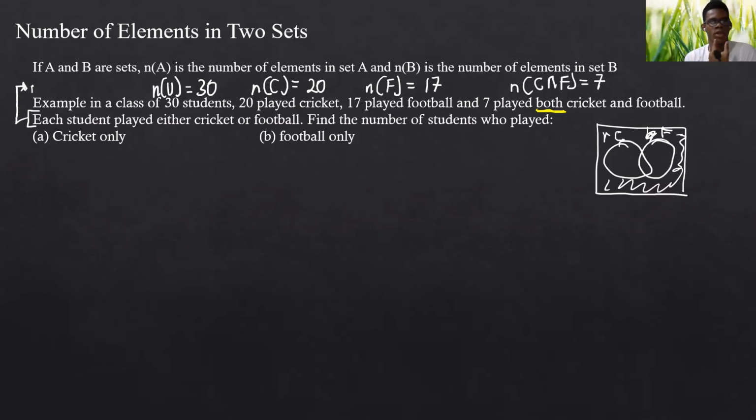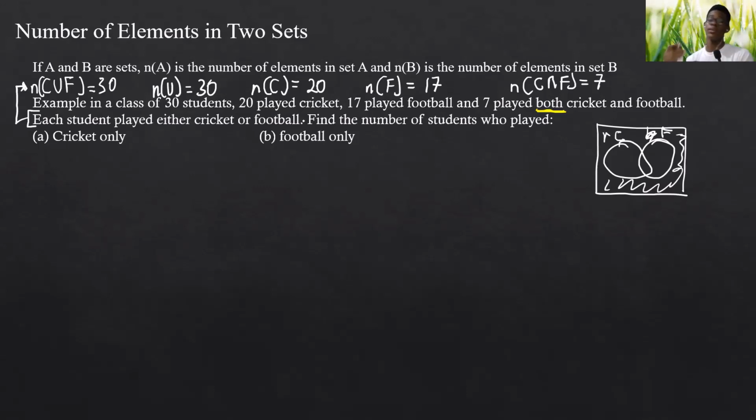So the number of elements in cricket union football, the sum of the persons playing cricket and football, would be equal to, somebody complete my sentence, would be equal to 30. Right, would be equal to 30 because everybody is playing some sport. So the number of elements in C union F is 30, and that's what we got from this statement.